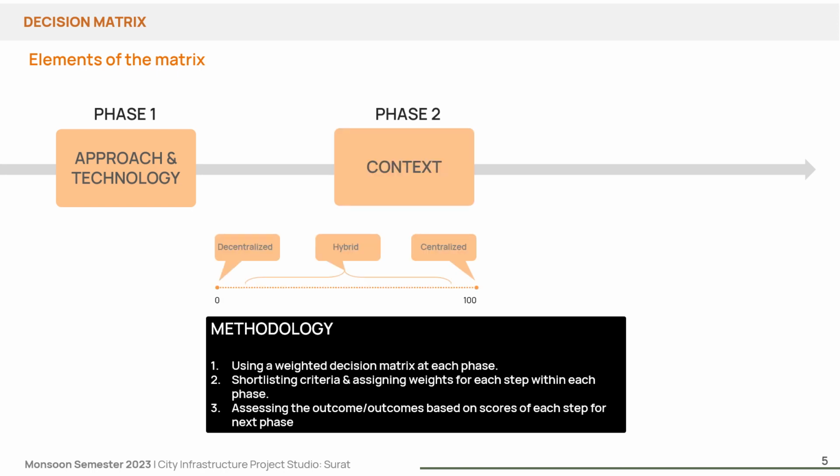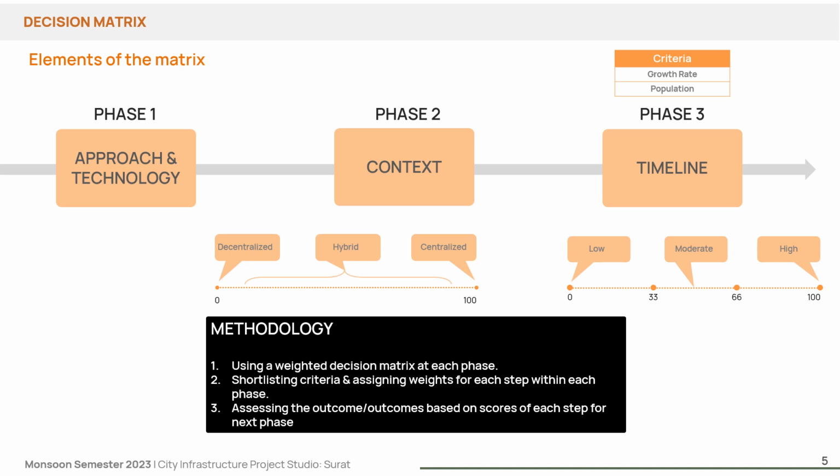In the next step, villages and their shortlisted technologies are studied at a cluster level based on the context, which shall eventually determine if a cluster is centralized, decentralized, or hybrid by design. Finally, the priority of provision of sanitation infrastructure is determined based on criteria such as growth rate and population, and hence a timeline is developed.